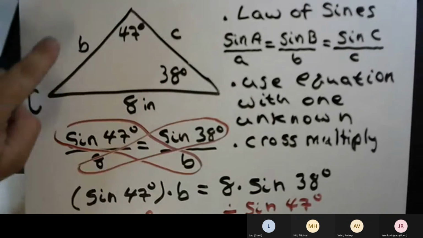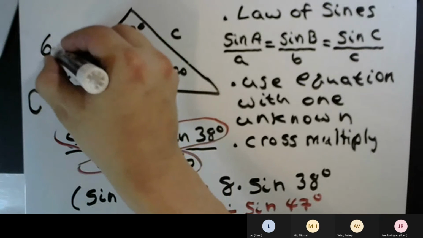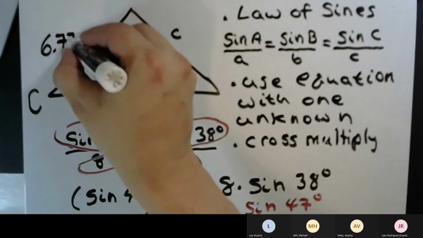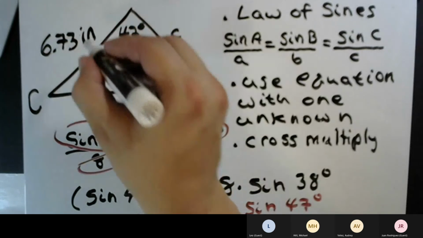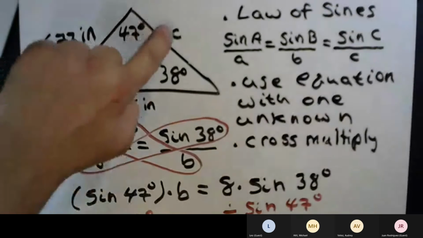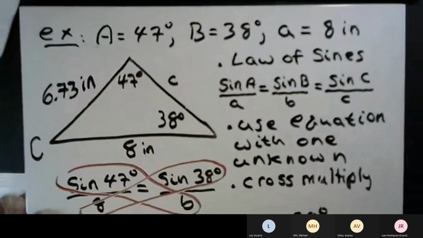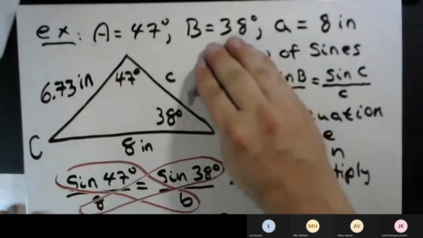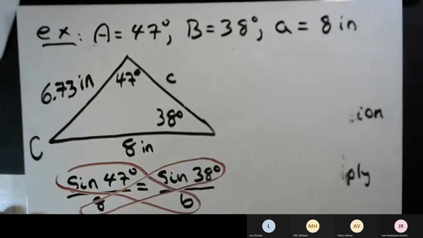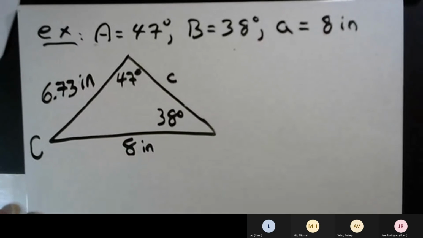Let's go back here. We got 6.73 inches. Well, now we need to deal with C. We not only have to deal with side C, we've got angle C. The one thing that does carry over from right triangles is that rule of 180 degrees.